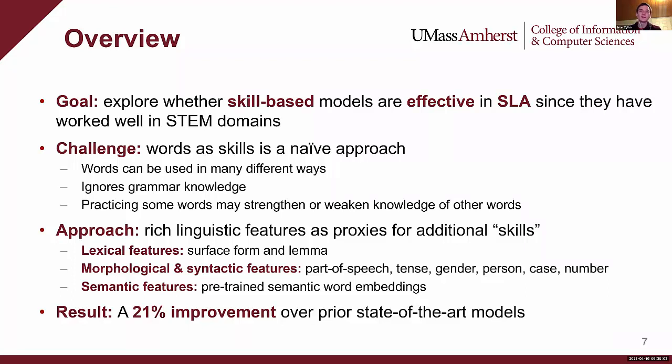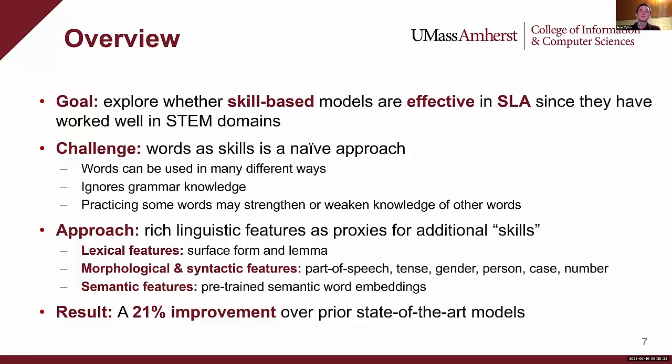This is a naive approach because words can be used in many different ways depending on the context. This ignores grammar knowledge, which is an integral part of language learning. And practicing some words may strengthen or weaken knowledge of other words if they're related in some way.